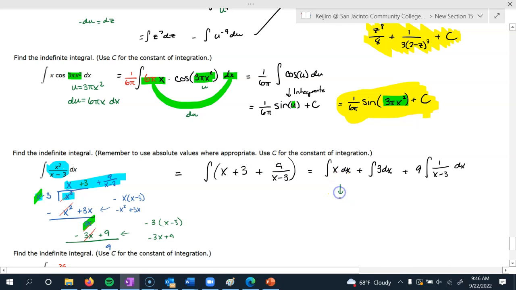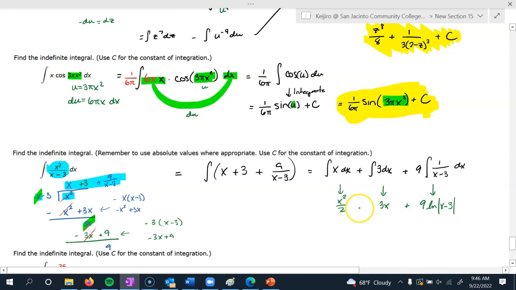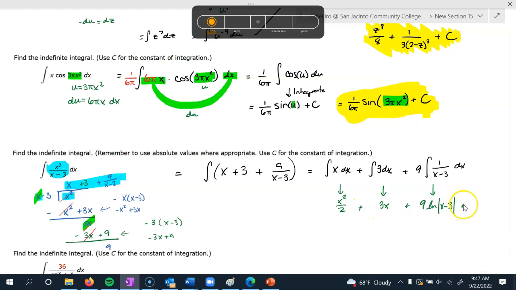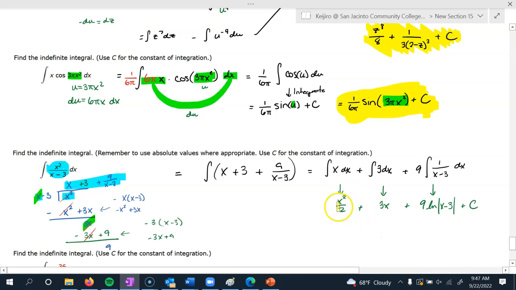So this is x squared over 2, this is 3x, and this is 9 times the natural log of the absolute value of x minus 3, plus c. So no real u substitution here, although you could think of that last term as a very simple and unnecessary u substitution. It's just divide the polynomials, get a bunch of different terms that are individually very easy to integrate.